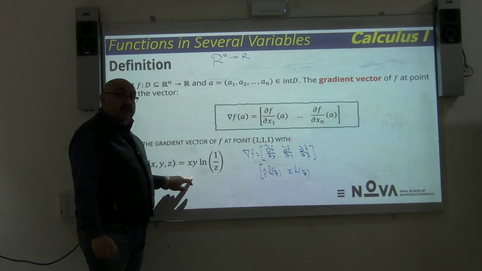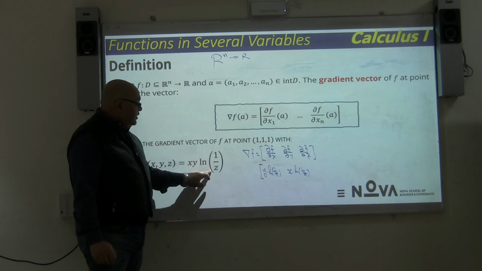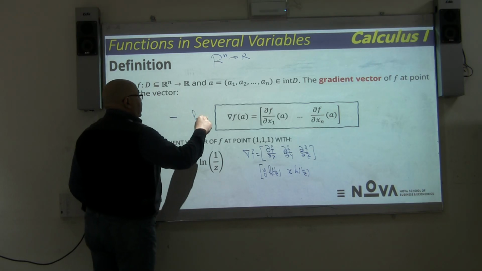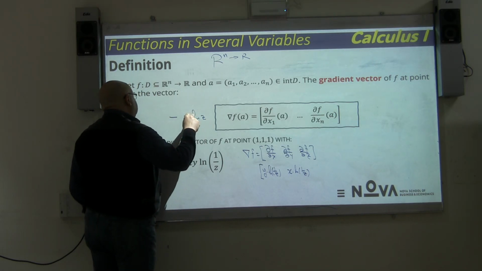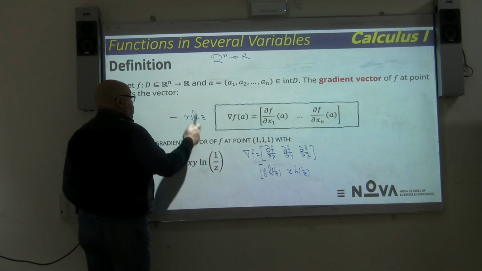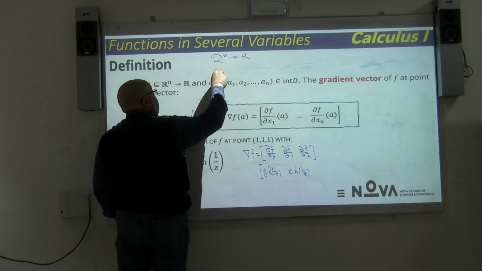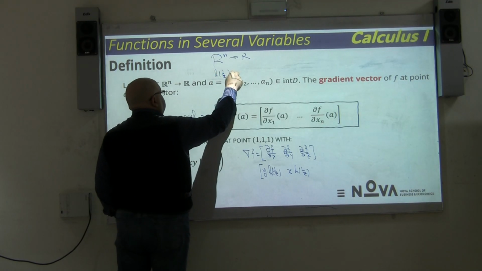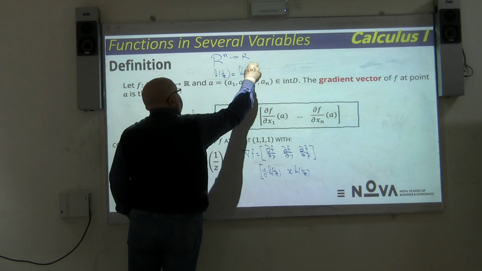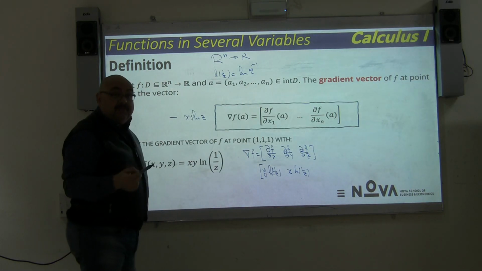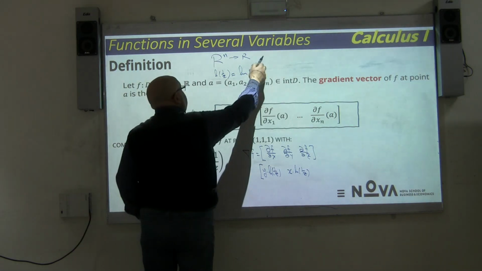Yes, we can, because ln of 1 over z is actually the negative of ln z. Am I right? Is this correct? Yes, of course, because ln of 1 over z is equal to ln of z to the power of negative 1, and we know from the properties of the logarithmic function that the power can go out.